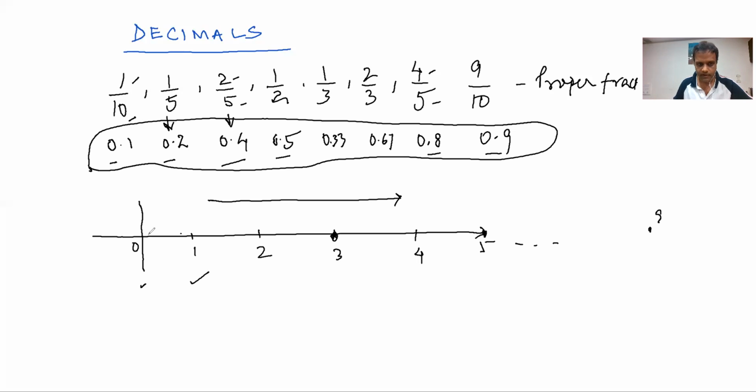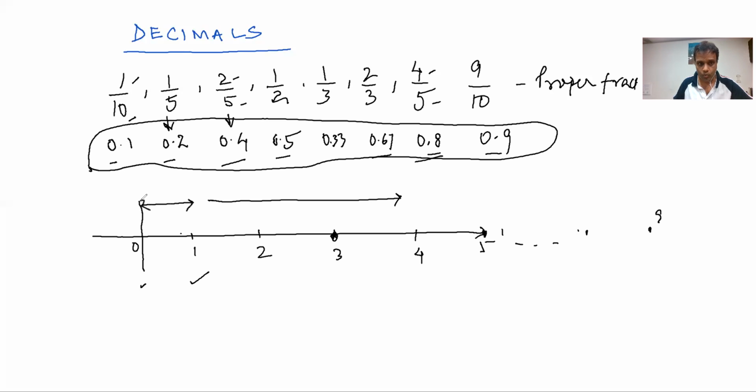It's very important. When I ask students where will 0.8 figure, they tell me something between 8 and 9. Or if I ask 0.67, they are more confused. They will give me something like between 6 and 7.